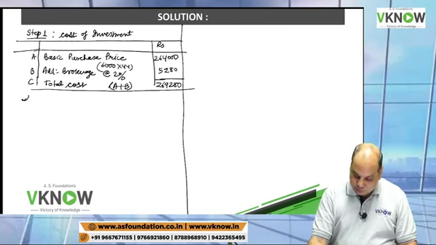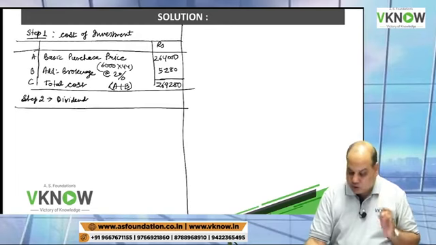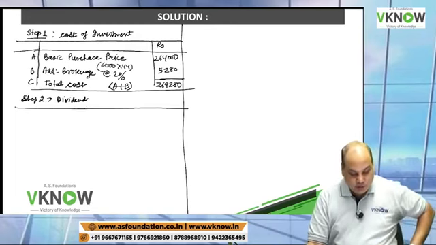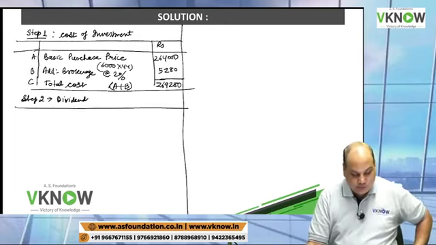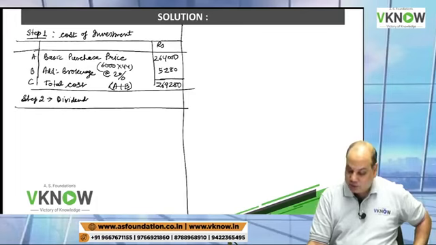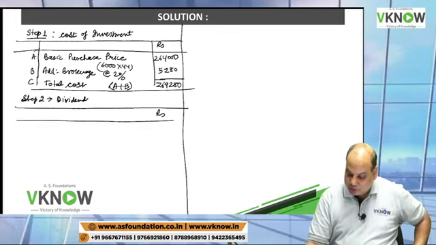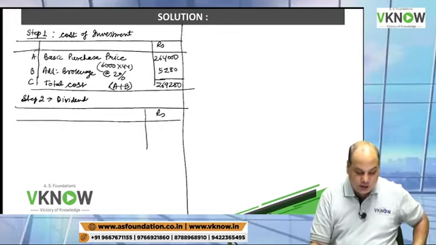Step 2, dividend. This time there is only one dividend. Please come to your question. It is written on 15 January 2021: dividend received, 18% interim dividend on equity share of Kamal Limited.